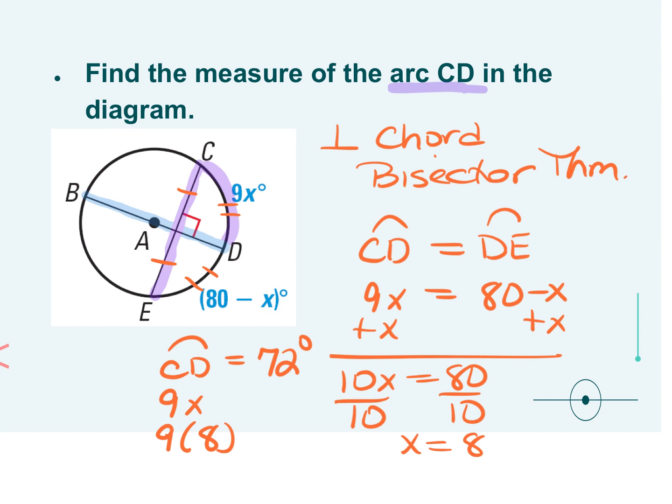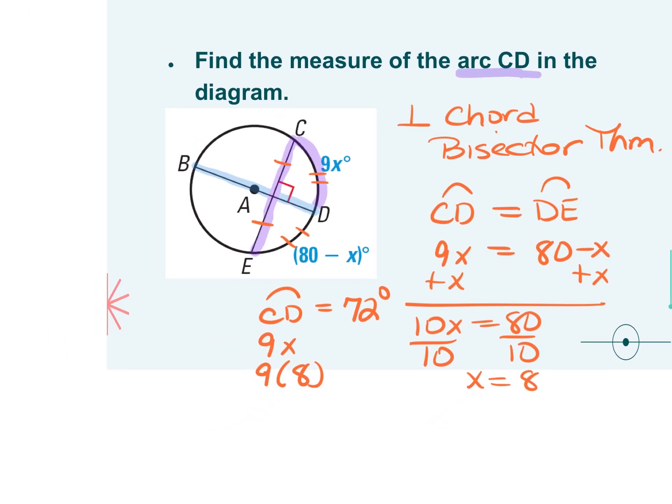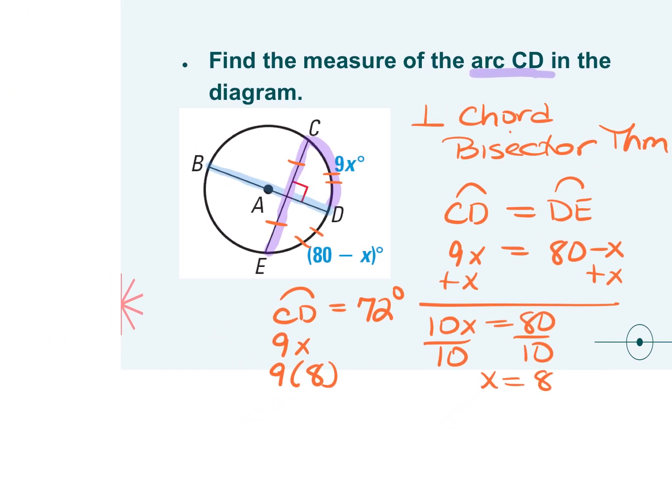Now, let's change up the question. What if instead I had asked you to find the measurement of arc BC? So if you notice, since BD here is the diameter, we can see that we've got a semicircle arc here.